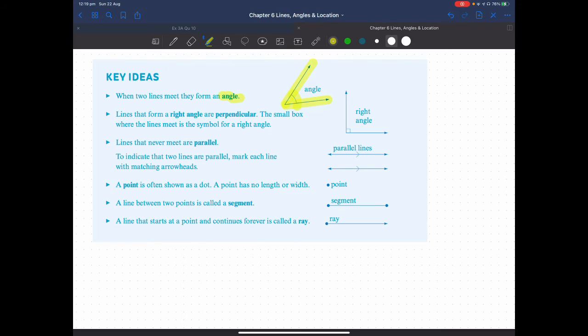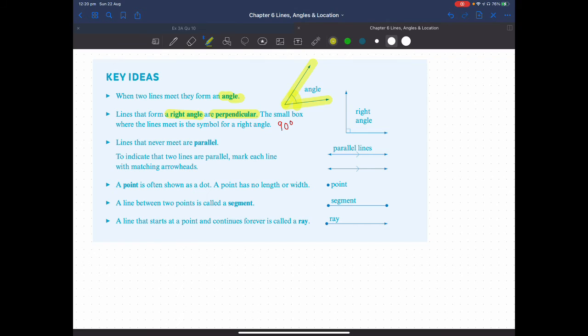When the angle between two lines is 90 degrees, remember that, 90 degrees, then we call that angle a right angle. We say that the lines are perpendicular. So when you see the word right angle or perpendicular, it means 90 degrees between two straight lines, as shown in the diagram.